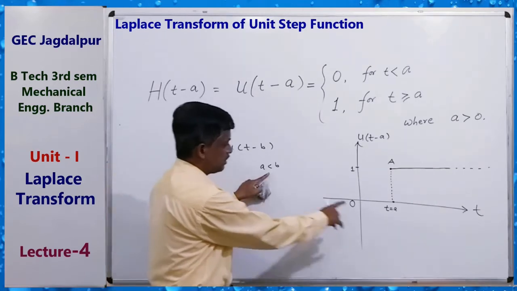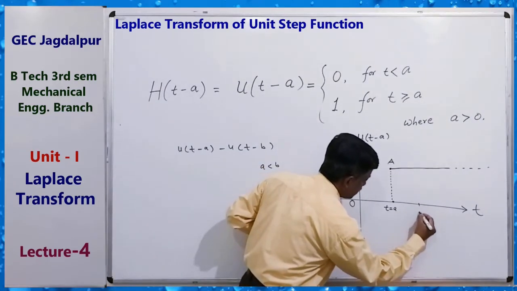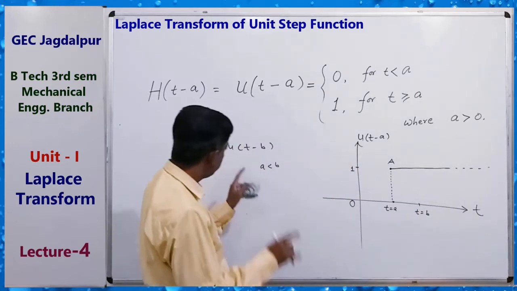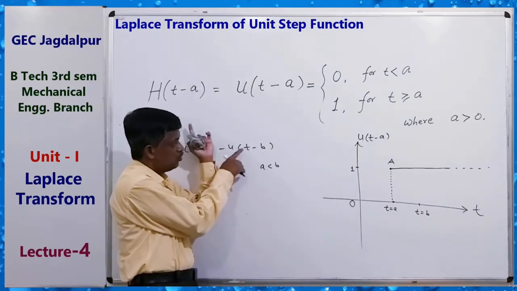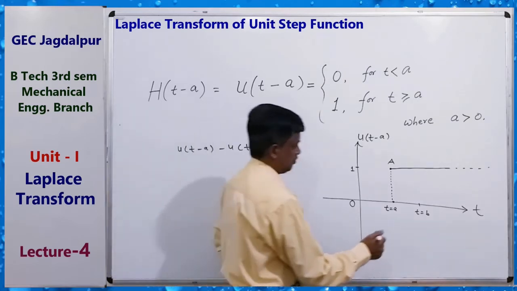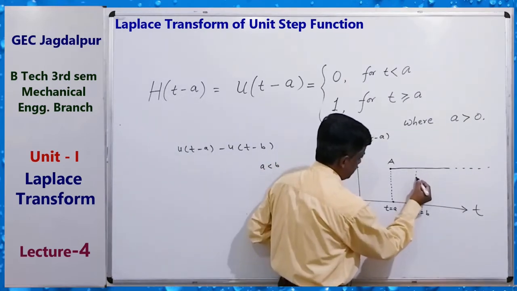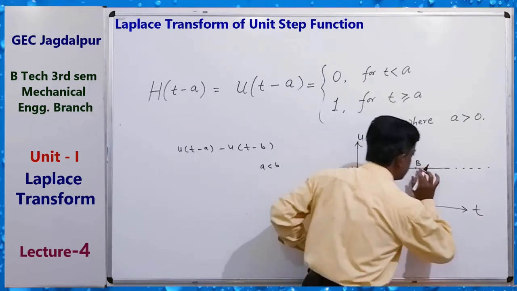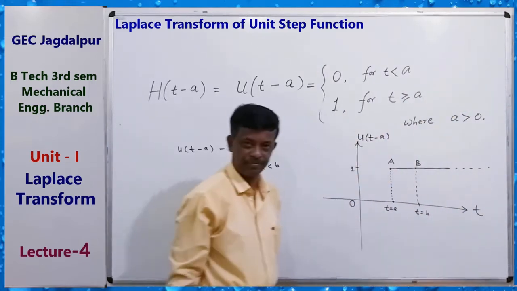If b is greater than a, maybe b is here, t equals b, then the graph of u(t minus b) will be a straight line from b to infinity.